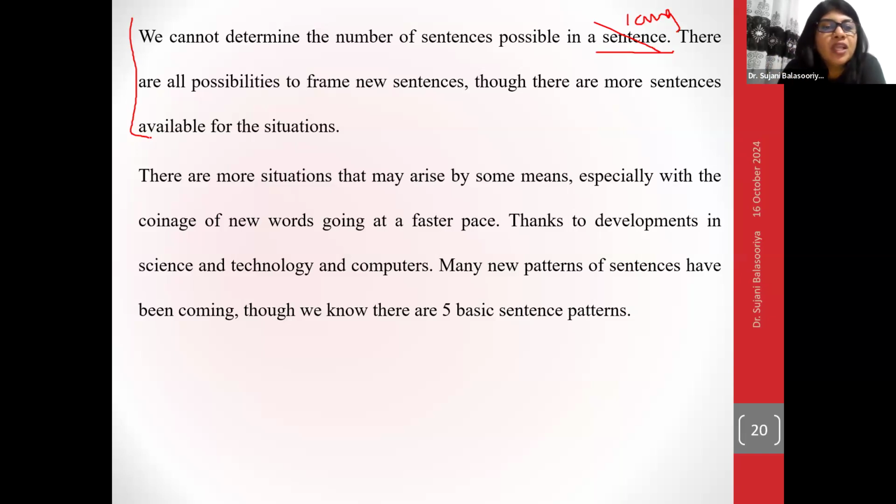And relate here. There are more situations that may arise, especially with the coinage of new words at a fast pace, thanks to the developments in science and technology and computers. New words are being added day by day, and many new patterns of sentences have been coming. Though we know there are 5 basic sentence patterns, how many sentence patterns do you know? Just one simple question.